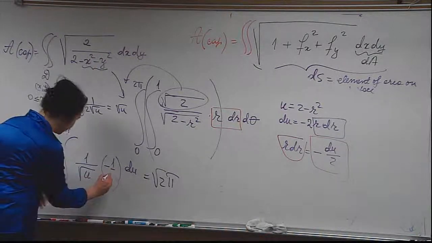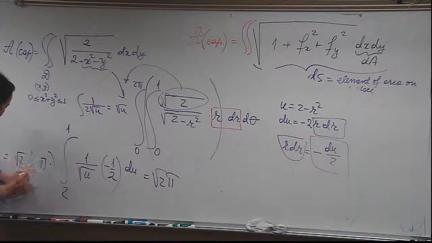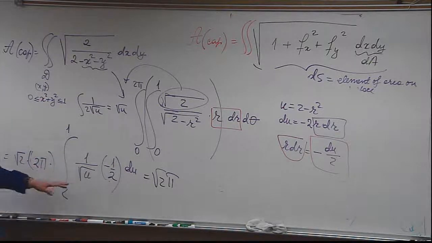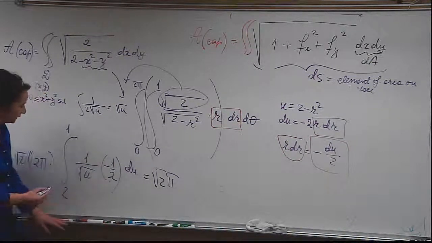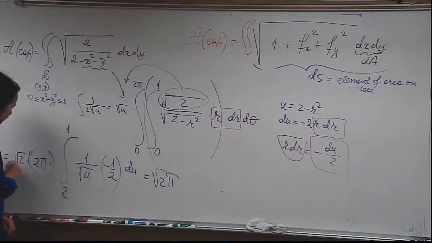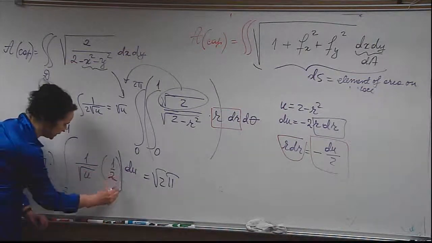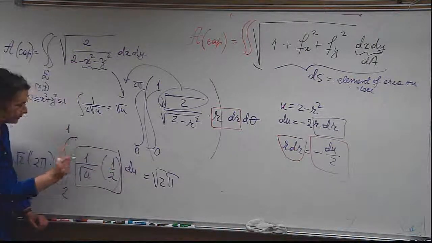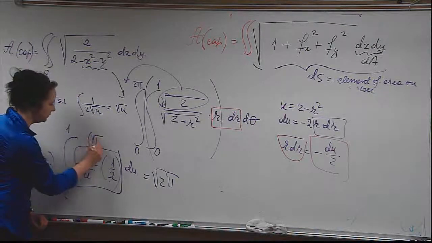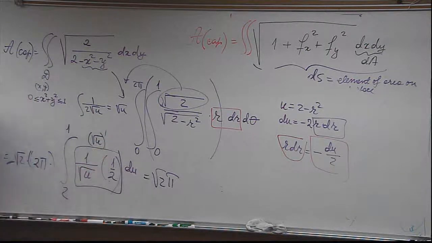It was not in my head, I promise you. If you were smart, you would pull out the minus. You'll understand that this exactly is the derivative of square root u. And I would do it faster than you, because you have just square root u between 1 and 2.